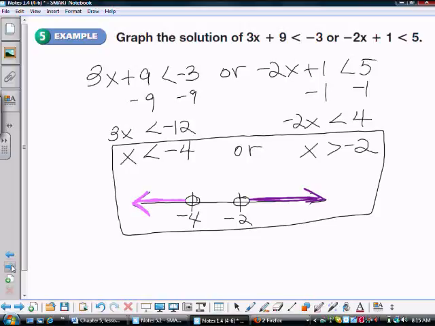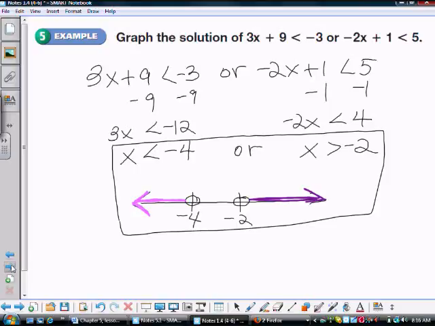Sometimes you'll end up with shading just on one side, because if I hadn't flipped my sign here, if that had been a positive 2 instead of a negative 2, and x had been less than negative 2, then I would have been shading from here all the way to the left, and I wouldn't have that purple shading over here. So it would have just been all numbers less than negative 2. So sometimes an or will come out to be something surprising.